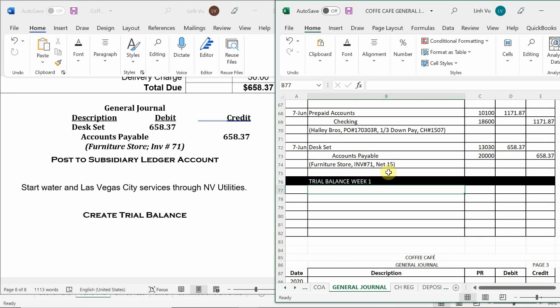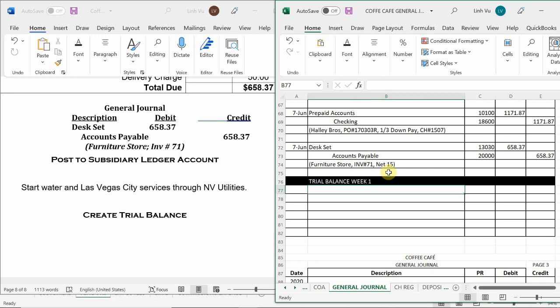You definitely don't want to wait too long, till the very end of the month, because if you end up not doing your trial balance frequently, you're going to be spending hours and hours looking for that discrepancy, even if it's a penny off. There are many times this has happened.